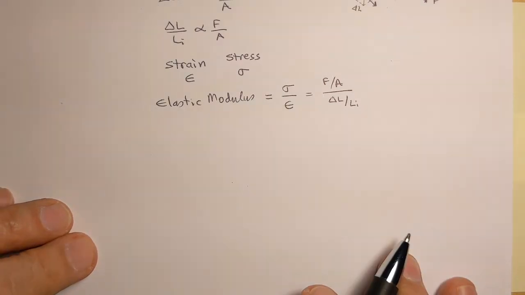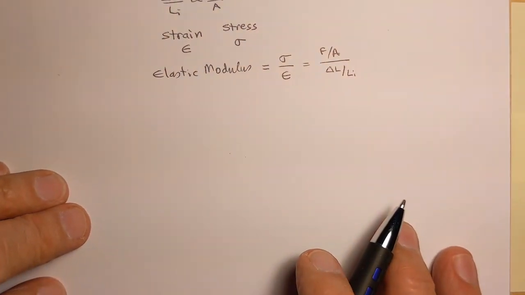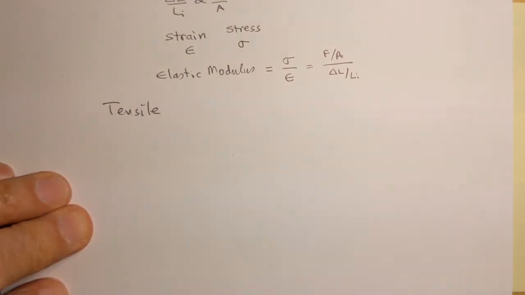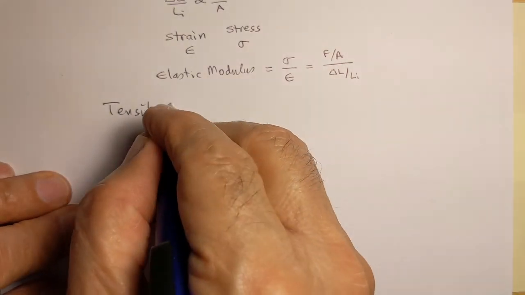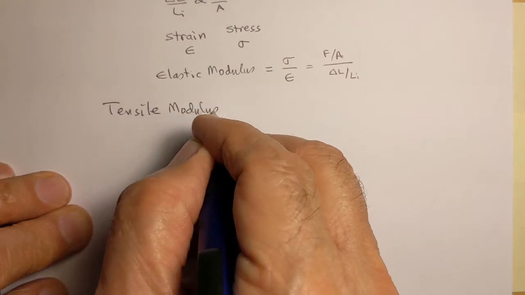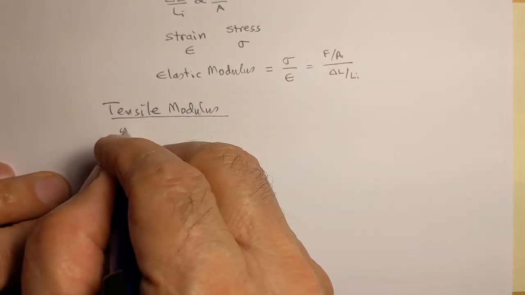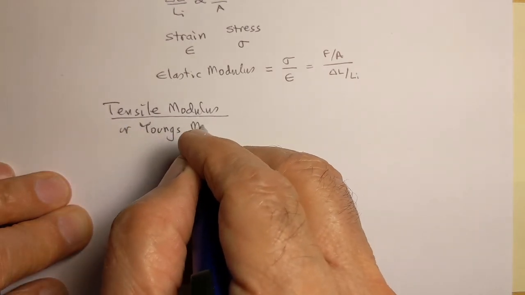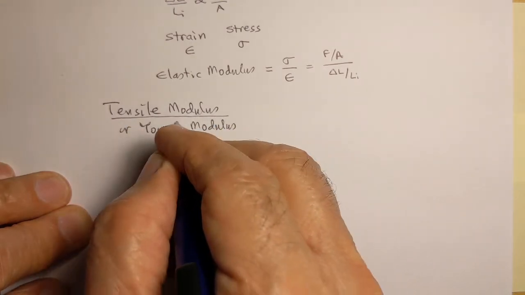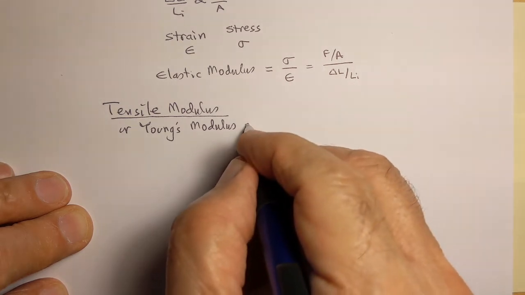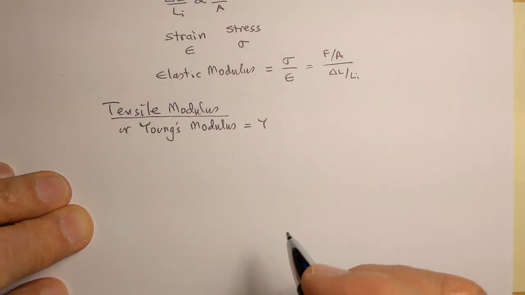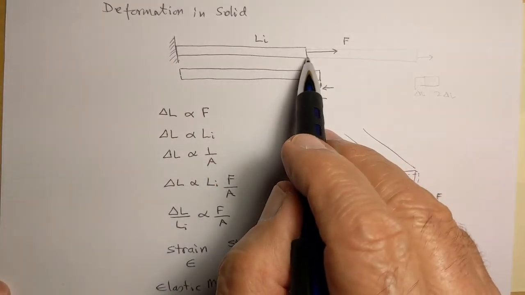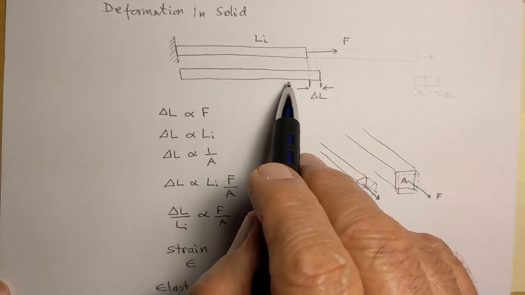The first one that we look at is called the tensile modulus, or the Young's modulus, and that's written with a Y. The Young's modulus deals with cases like this, where you pull something and it becomes longer.